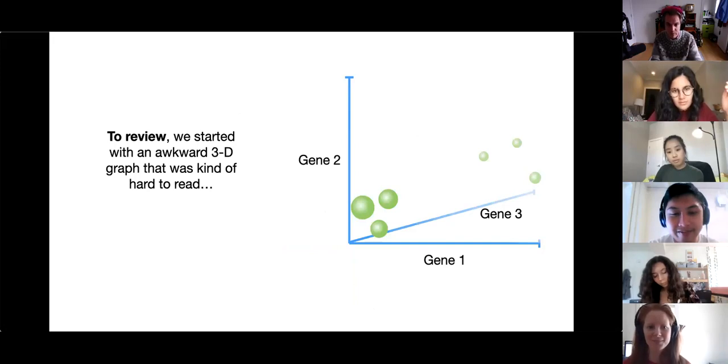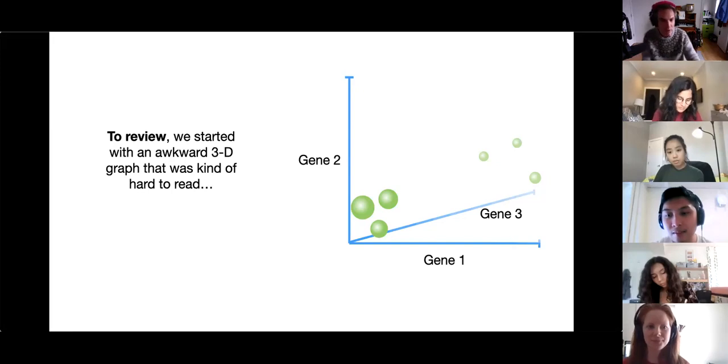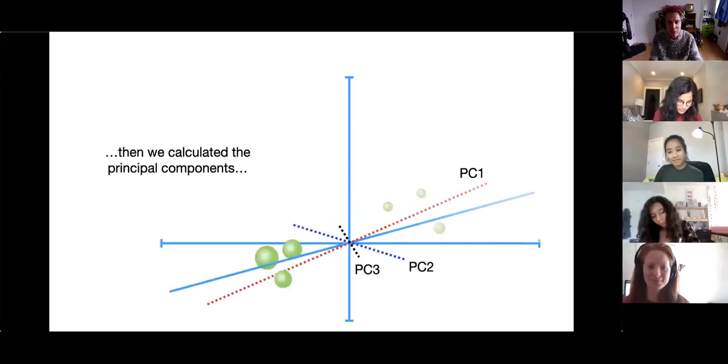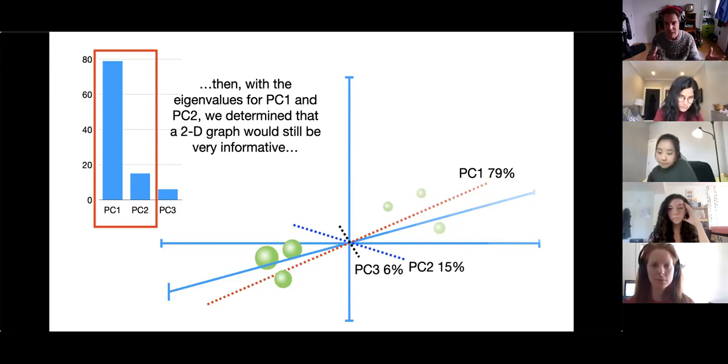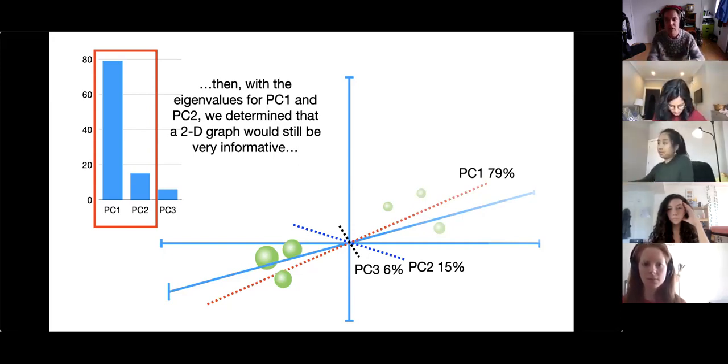To review, we started with an awkward 3-dimensional graph that was kind of hard to read, and I had to do a lot of arm waving, not just hand waving. And then we calculated the principal components. And then, with the eigenvalues for PC1 and PC2, we determined that a 2-dimensional graph would still be very informative because the first two principal components account for 94 or 96, I can't remember exactly what it was, over 90% of the original variation.